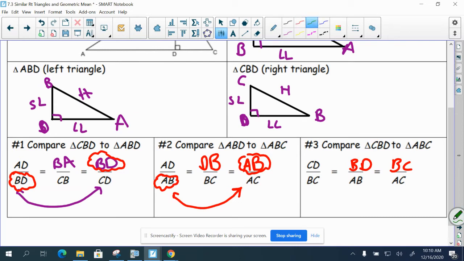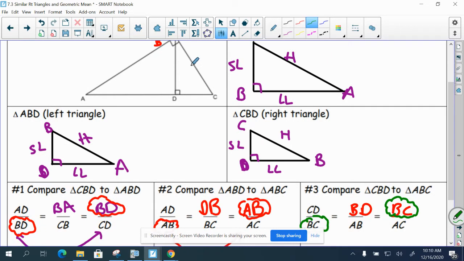So look once again, your geometric mean is the opposite parts that are equal to each other. So BC repeats itself. BC is the short leg of the original triangle. So we're saying the short leg over AC, the whole hypotenuse, equals the segment of the hypotenuse the short leg is adjacent to, which is CD, over the short leg.